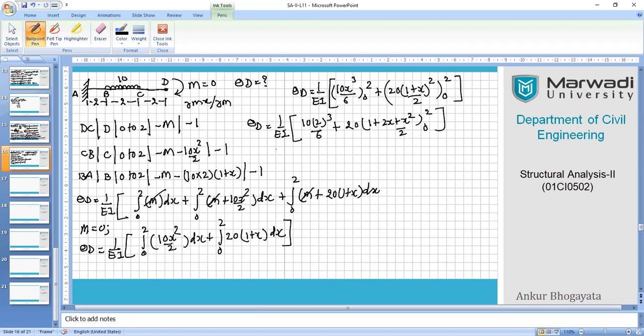But it is always good to do all the operations at one hand only. So EI, 10 to the power 2, will keep it as it is just for the sake of continuity, 1 plus let's say 2 into 2 plus, here we'll put this 2 in the denominator, and 2 squared.